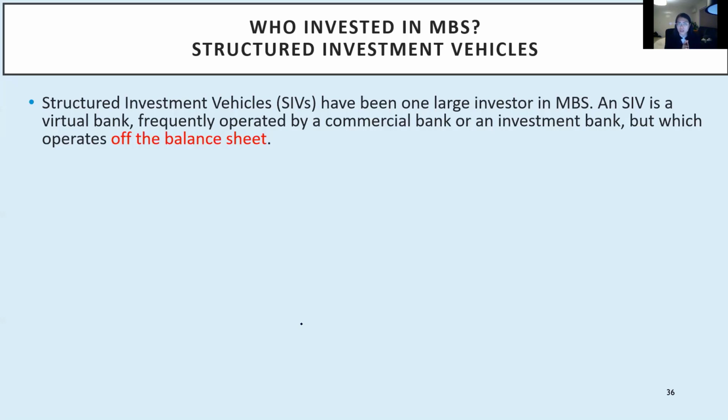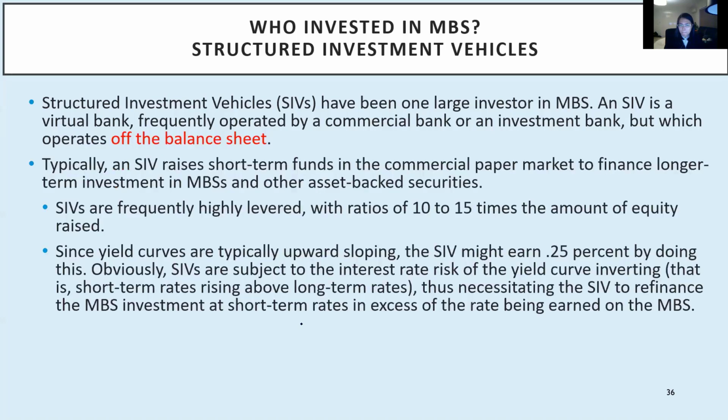So what they did was they created a structure called structured investment vehicles. These are basically like trusts, and these trusts buy the mortgage-backed securities from the banks, essentially taking them off the balance sheet of the bank, so that the banks are not required to hold more capital on their mortgage securities.